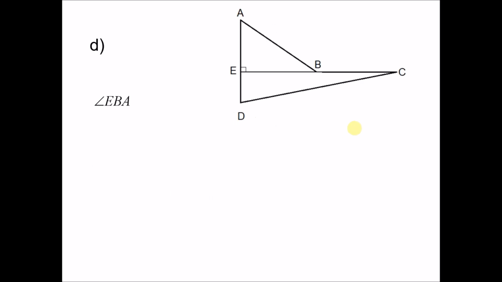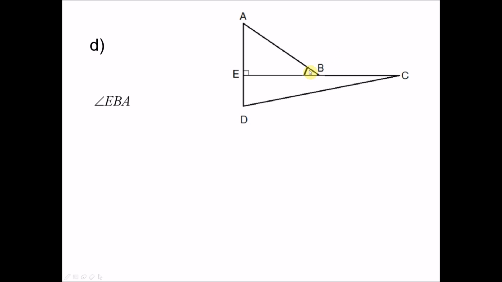Now we have two triangles joined together to form ABCDE. The first given reference angle here is EBA. We look at the center here, which is B, hence the angle is located here. And for this angle, we only look at this triangle ABE.